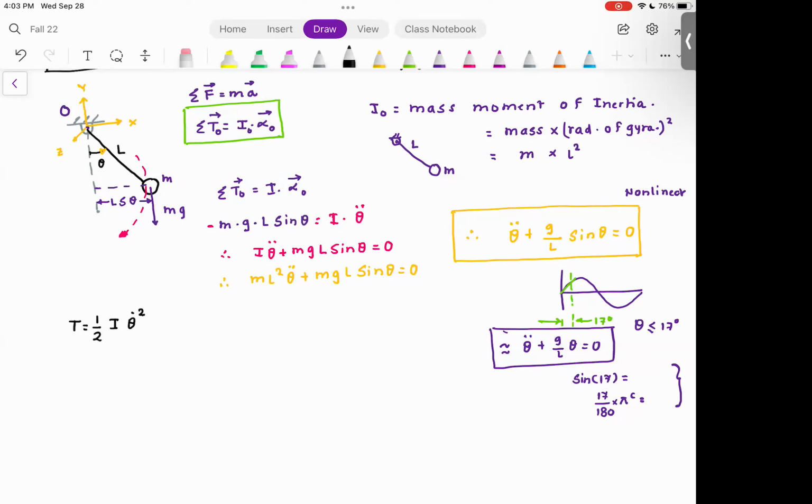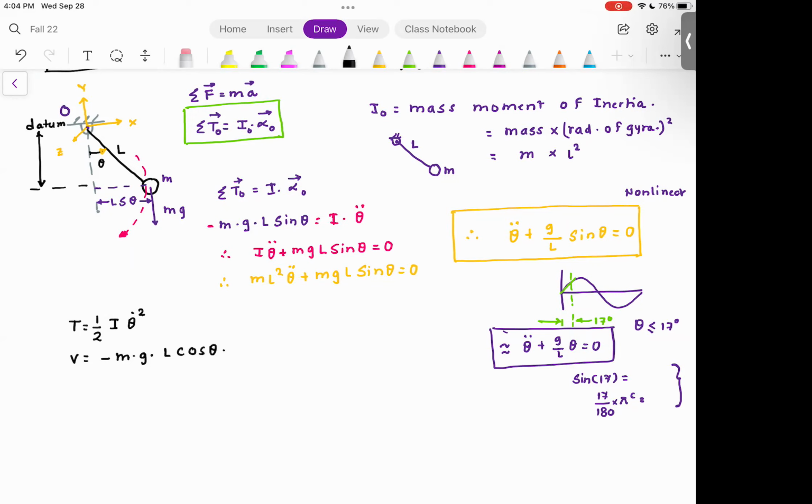And the potential energy depends upon the potential, so where your datum is. For example, if my datum is over here, this is my H. So this is going to be minus M times G, and H is L cosine theta.